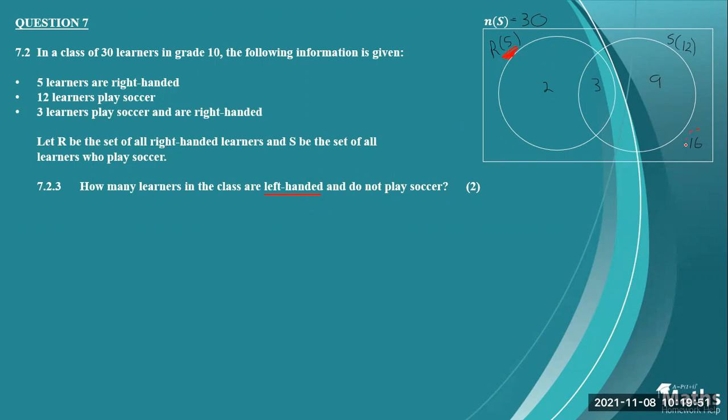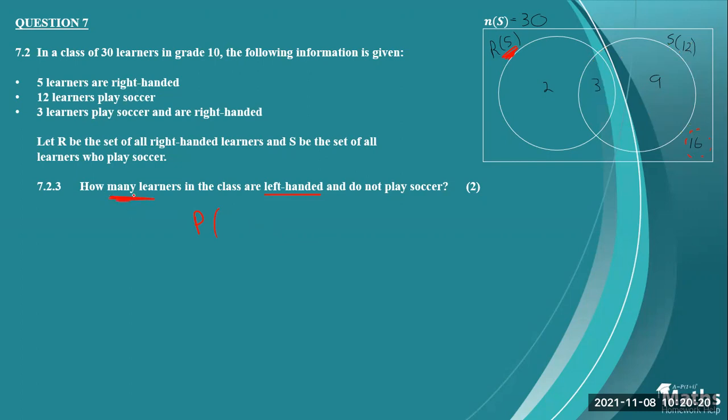So what do you think about this? These pupils that remain here will not be right-handed because they haven't been included here. And they will also not play soccer because those in the Venn diagram who play soccer, they are 12. So therefore, the learners that are left-handed and do not play soccer is going to be the 16.